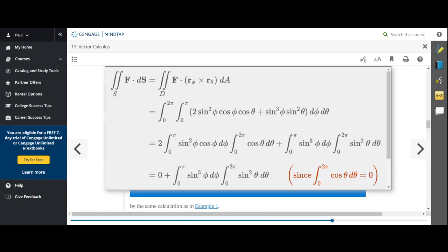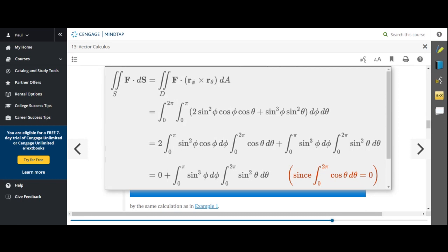And then they realize that you can split up those double integrals. The integral from 0 to 2 pi of cosine theta d theta equals 0, because if you look at the graph of a cosine function, you'll have positive and negative area that all cancel out from 0 to 2 pi. And now you have what's left there.